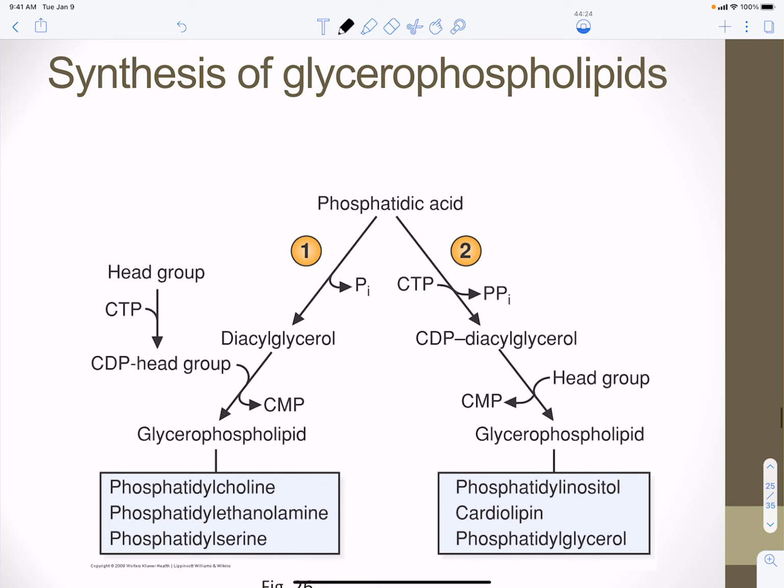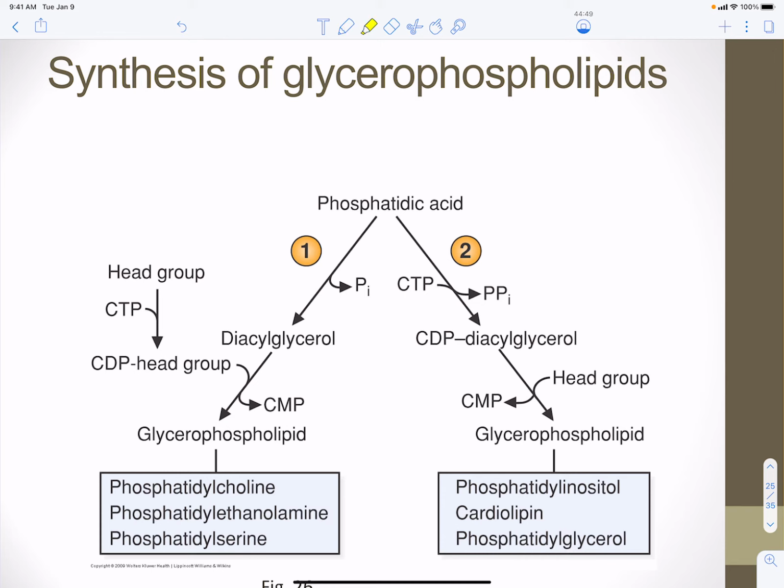Okay, so now let's go through a few of how the synthesis is actually done. Our glycerol phospholipids are going to be formed similar to our triacylglycerols, where you have a glycerol 3-phosphate and 2 fatty acids, which gives a phosphatidic acid. And then you have two different pathways to add on different head groups.